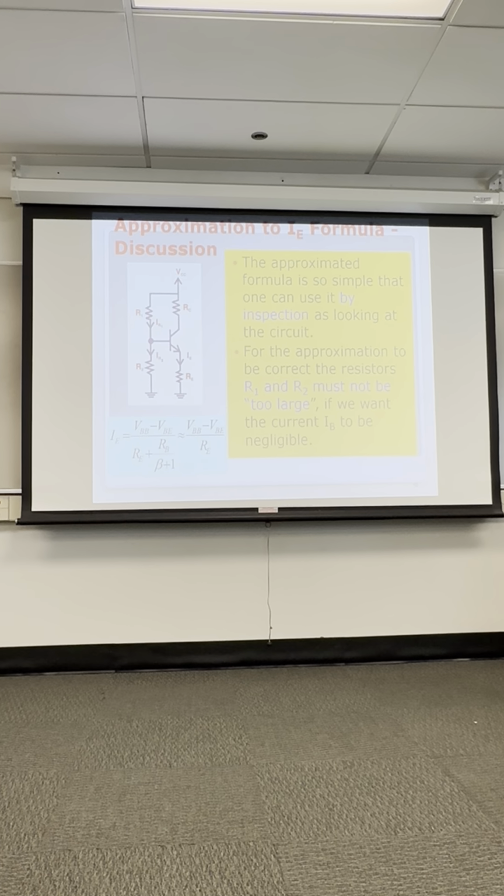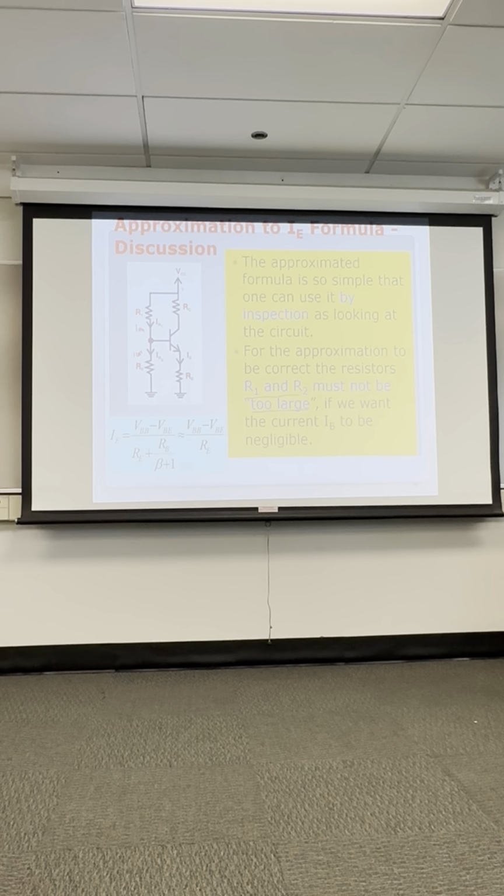Now this part here, R1 and R2 must not be too large. And let's say we make R1 10 meg ohm, and make R2 10 meg ohm. And then we've got a 10 volt battery. So what's the voltage on the base here?